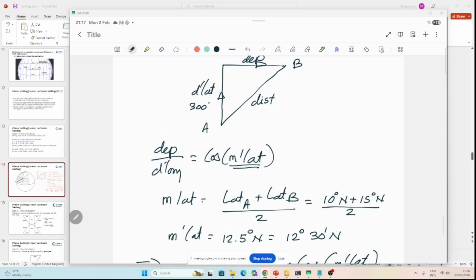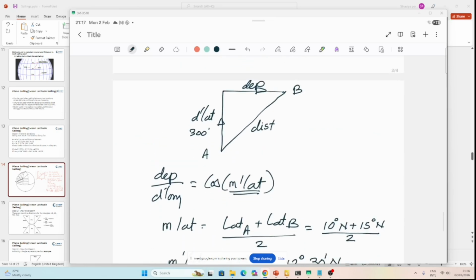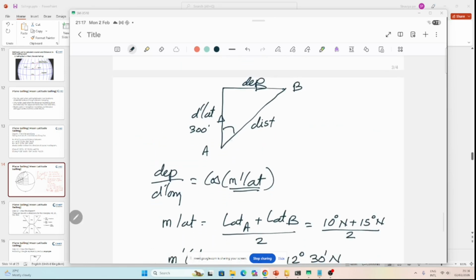Then we go into the triangle. Now in this case, this is your cos, right? So you can see departure divided by distance is what? Sine, cos, or what?